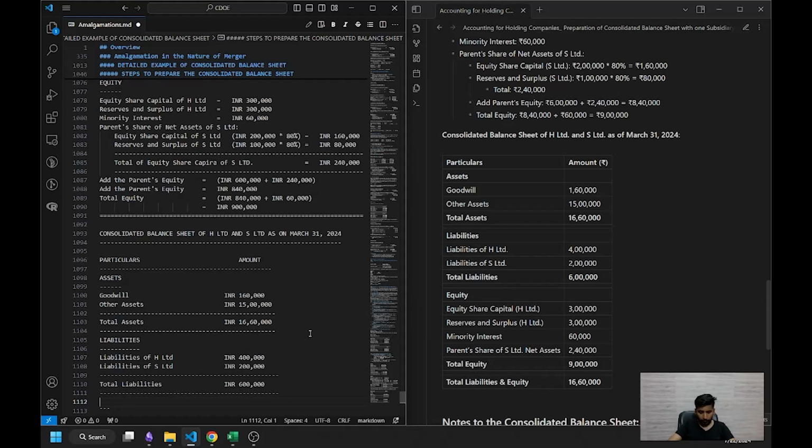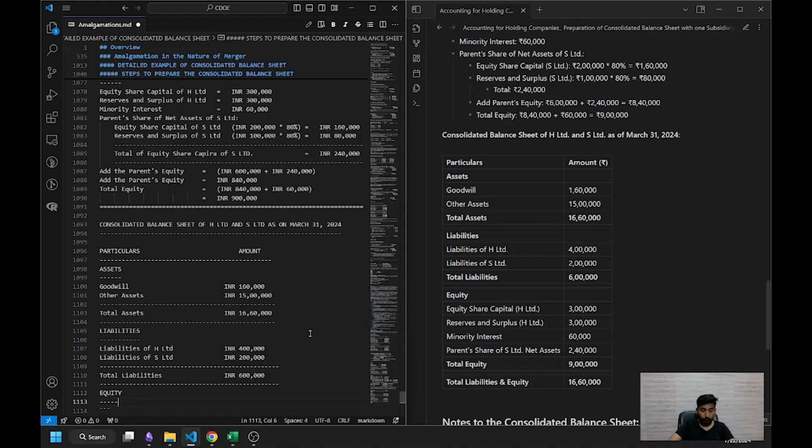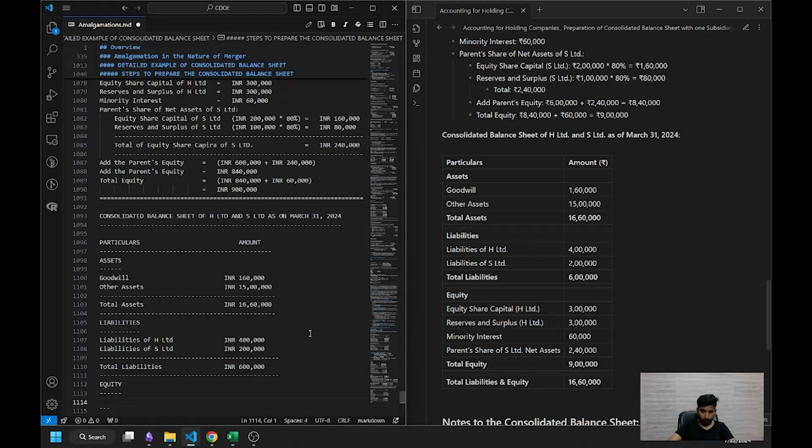Then the last part, that is the equity. For the equity part, we have the total equity of rupees 9 lakh, which we calculated. Let us just bifurcate it first. That is the equity share capital of H Limited, 3 lakhs.